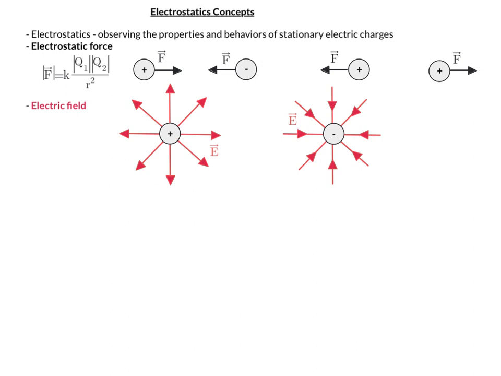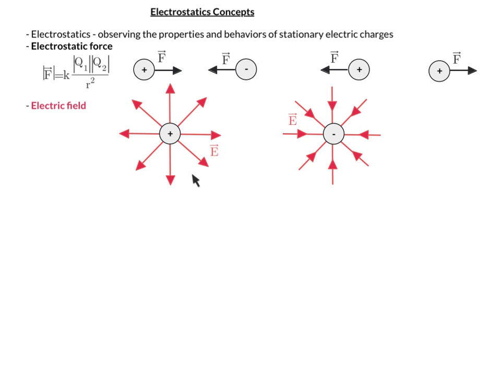So here we have a positive charge and a negative charge, and the electric field lines are radially outward from the positive charge and radially inward toward the negative charge. Essentially, these directions are given by how a positive test charge would behave if we placed it in the proximity of one of these charges.